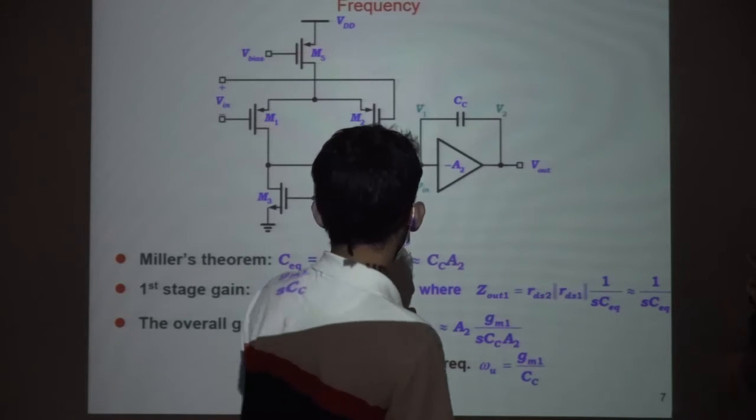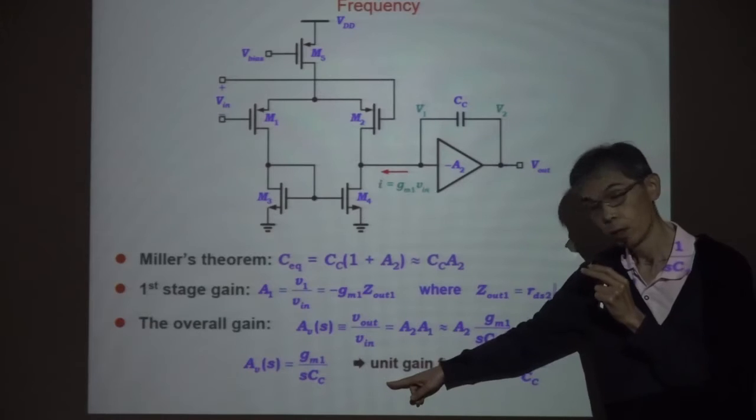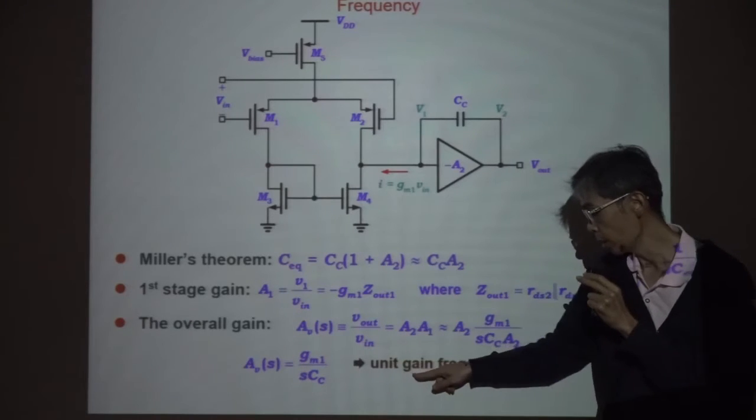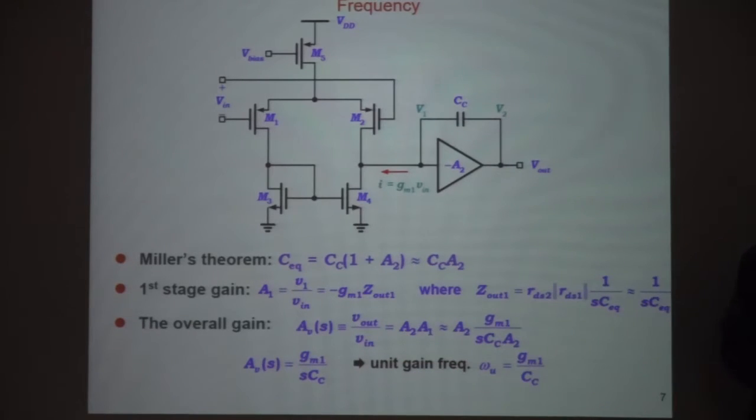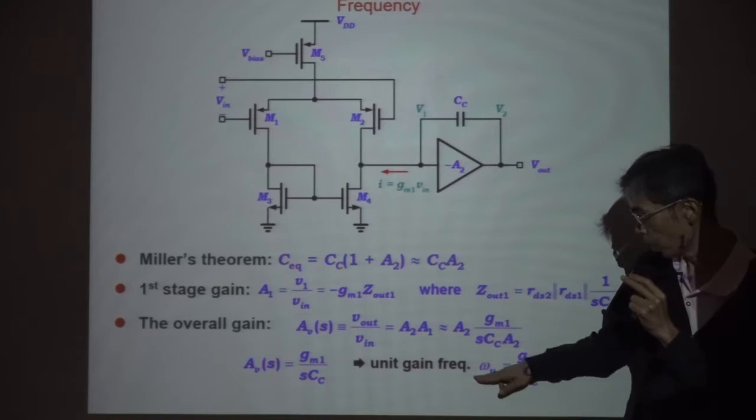Okay, go back. And what is, Kumia, what is unit gain frequency? We take it from here, S equals j omega. So omega U is from the gain of the circuit and the capacitance. So which equation do we use to derive this one?